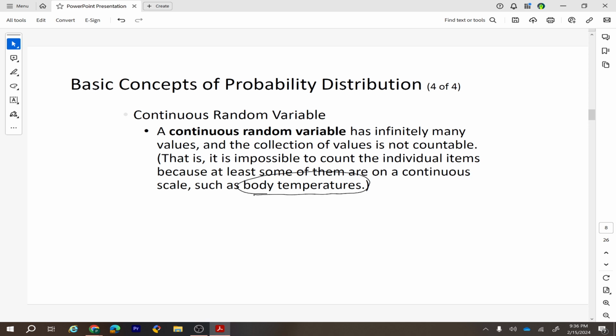The body temperature could be any number, for example 99 degrees Fahrenheit, or maybe 99.01, or maybe 99.001, so any number between 99 and maybe 104 or something like that. That's a continuous random variable because you have infinitely many values.